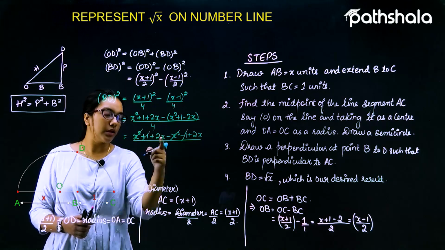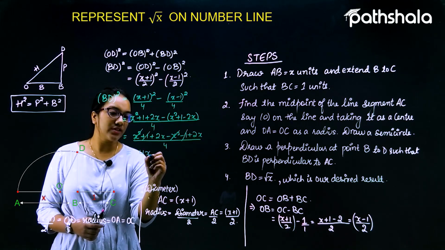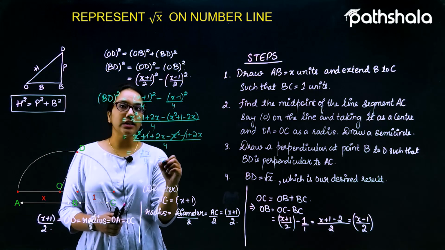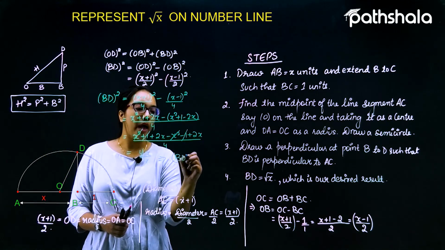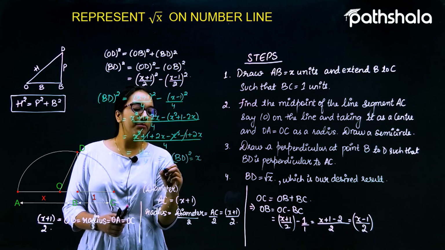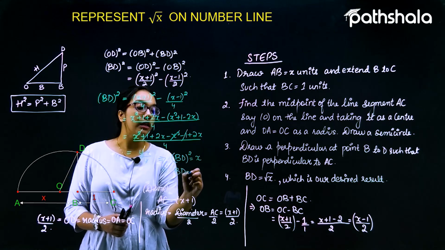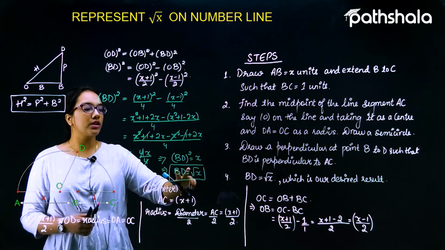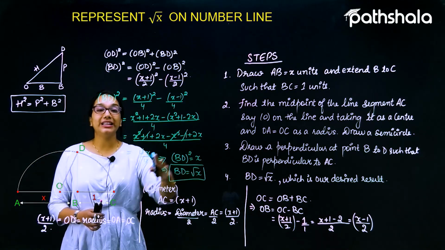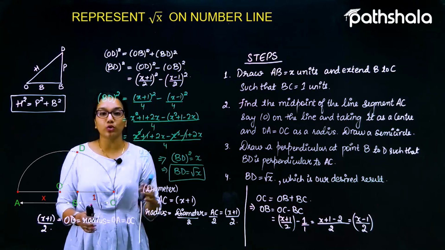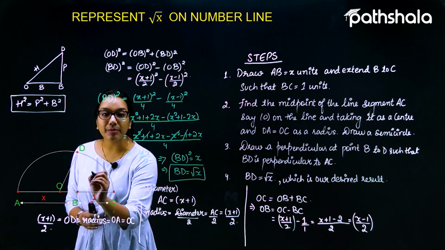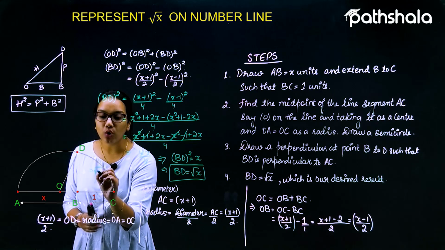So this will be 2x plus 2x, which is 4x divided by 4. So 4 and 4 get cancelled out. At the end, we get BD square is nothing but x. So it implies that BD is equal to root of x. Hence, from this result, BD is representing root x, a distance which is root of x.